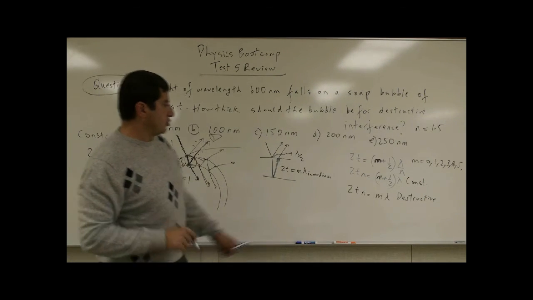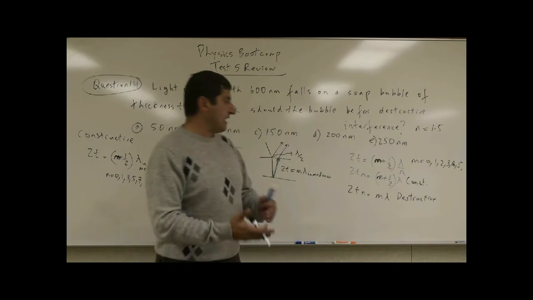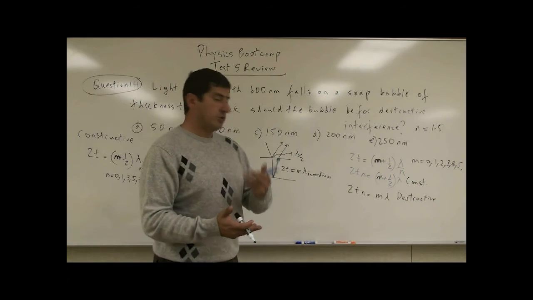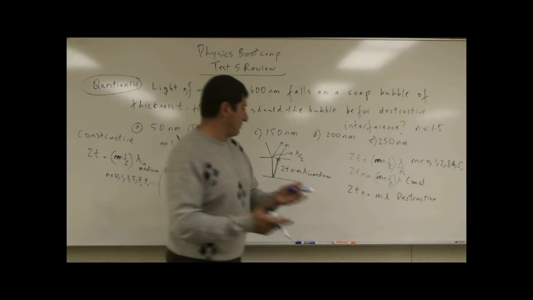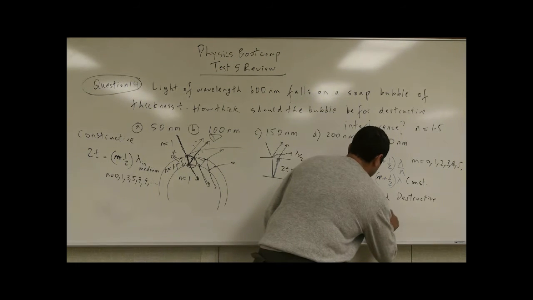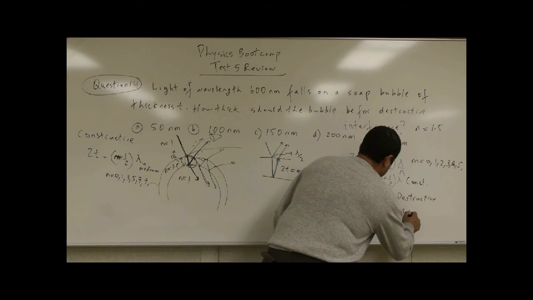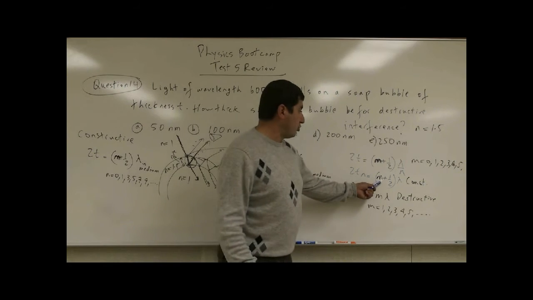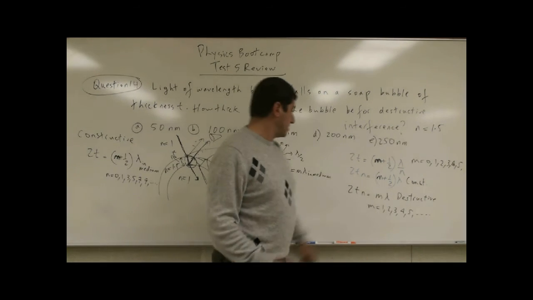So then this one, you can have m is equal to 1, m is 2, m is 3, m is 4, so m is 1, 2, 3, 4, 5, so on, so on. Integer multiple of wavelength. This is integer multiple of half a wavelength, right?